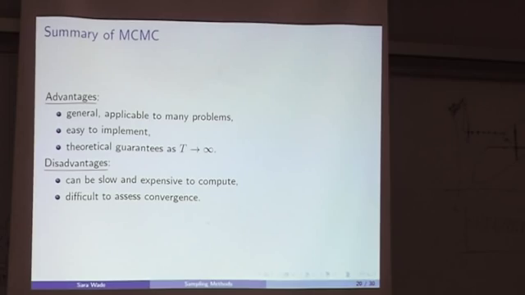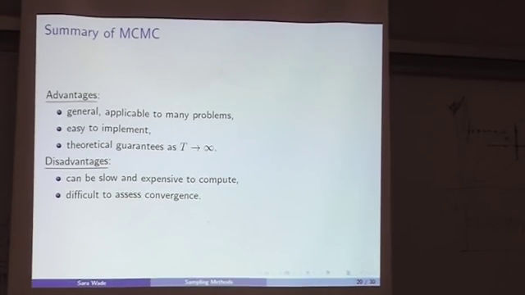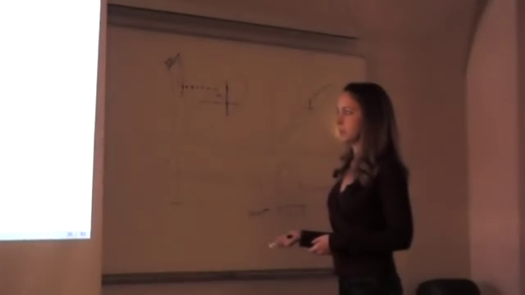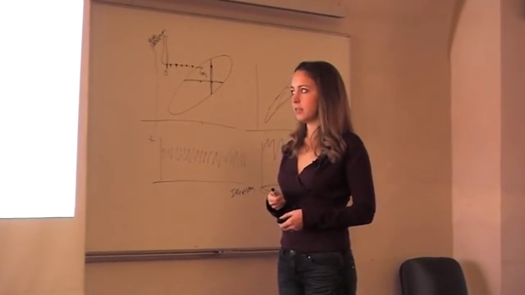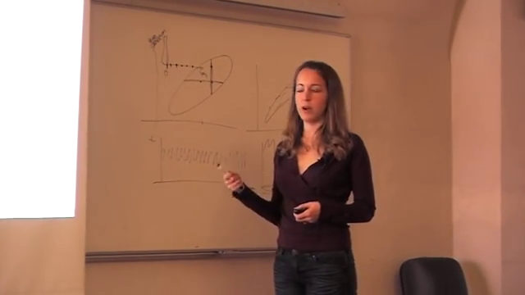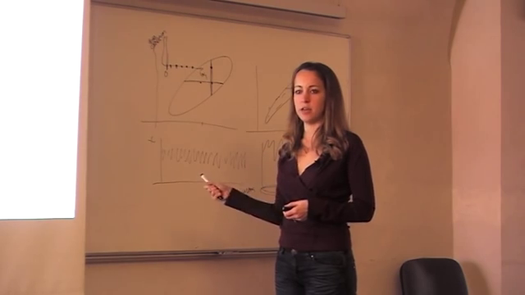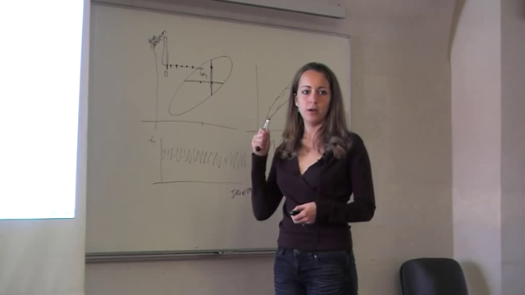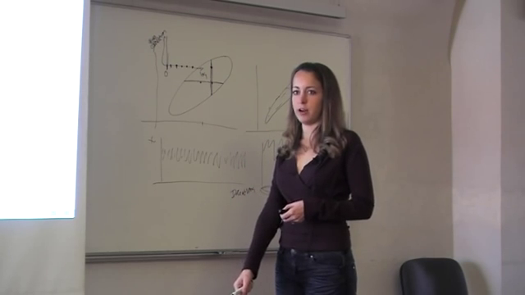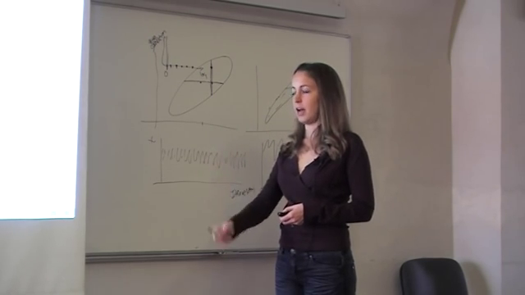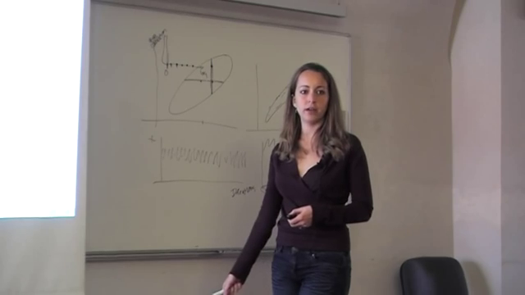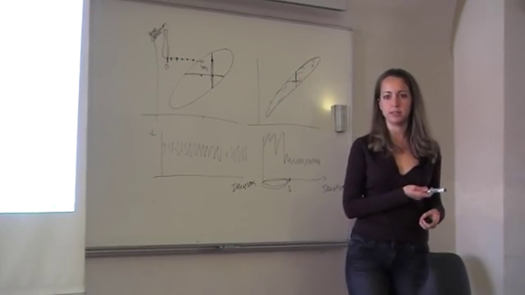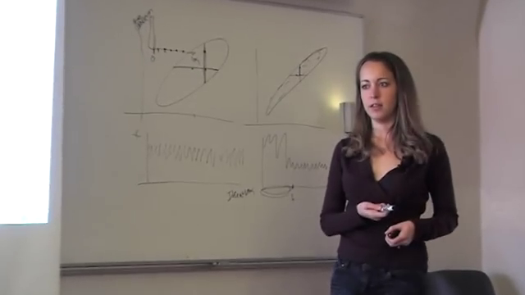So in summary, MCMC is a very general method. It's applicable to many problems. It's easy to implement. And we have theoretical guarantees as our number of samples goes to infinity. So as our number of samples goes to infinity, we know we are guaranteed to sample exactly from our target distribution P, as opposed to the approximation methods that we saw with Miguel that time.